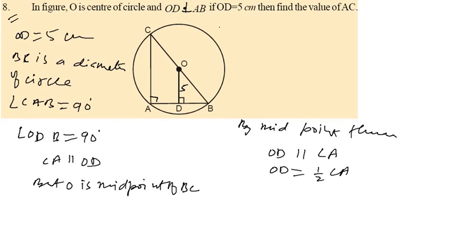OD is given as 5 centimeters. So CA is equal to double of OD. Put the value: 2 into 5 is 10 centimeters. So that is your answer.